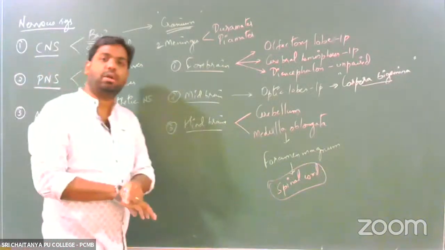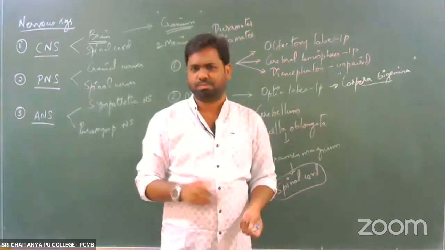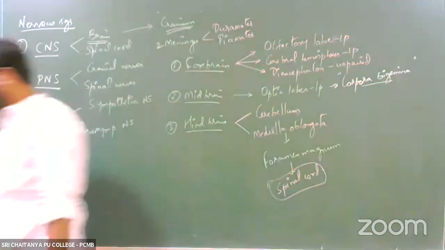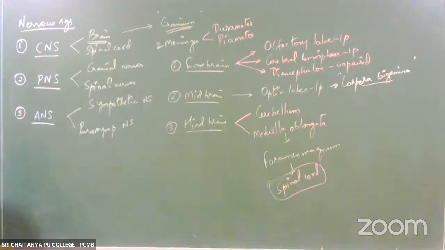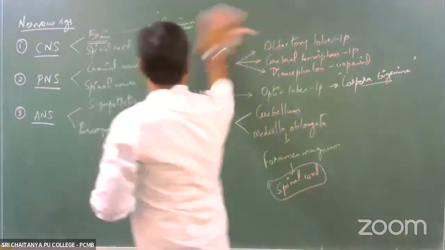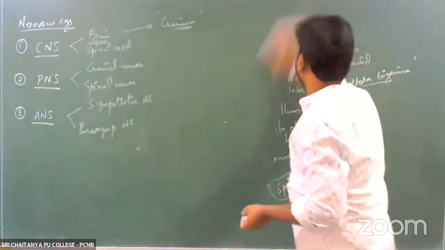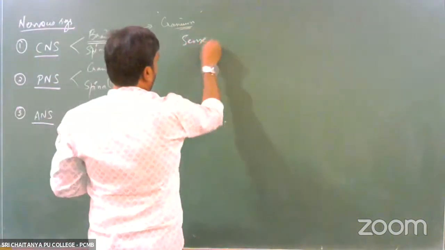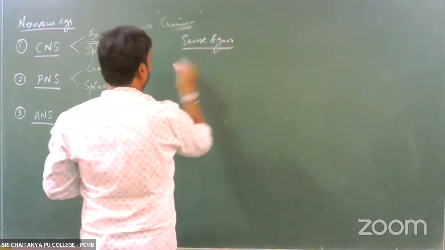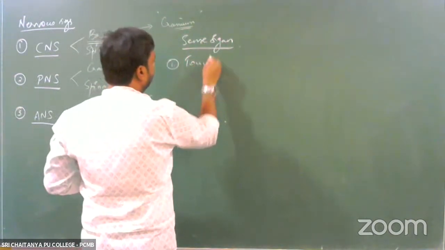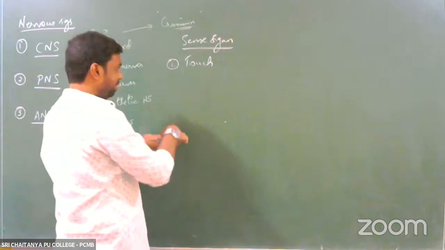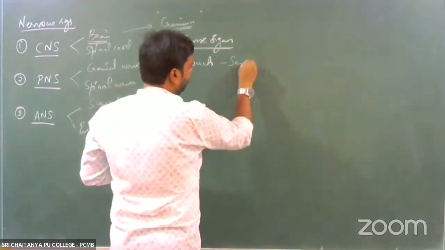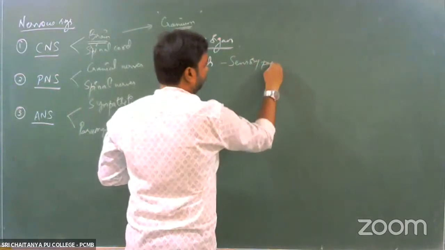Now, along with this, these organisms also have sensory organs. There are 5 different sense organs present, just like how we humans have sense organs. So let us quickly see what those sense organs are. The first sense organ is the sense of touch. For the sense of touch, they have sensory receptors called the sensory papillae.